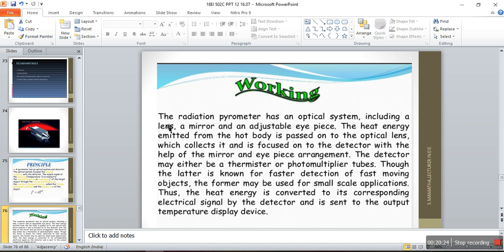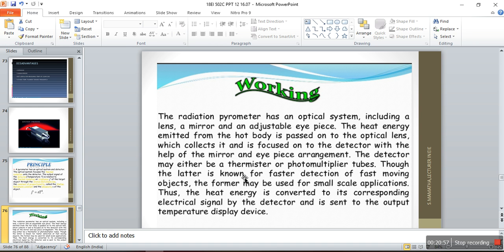That thermal radiation is focused by lenses and mirrors onto the thermal detectors, which are thermistors or photomultiplier tubes. Through that the temperature will be measured and calibrated in terms of the temperature emitted by the hot body.